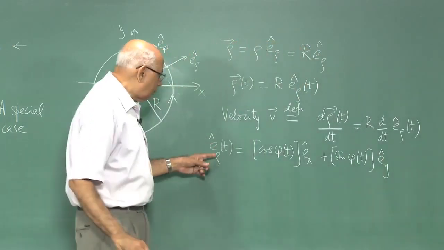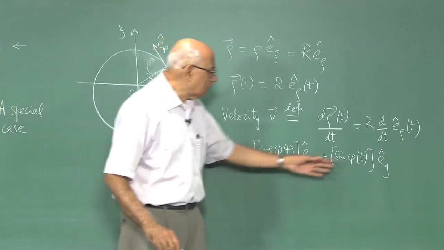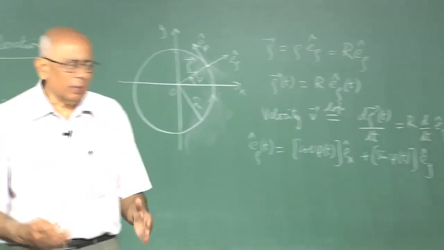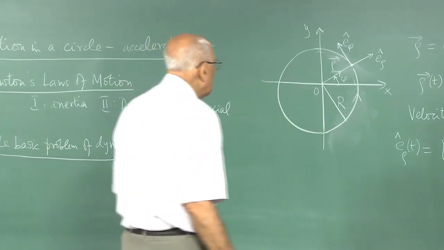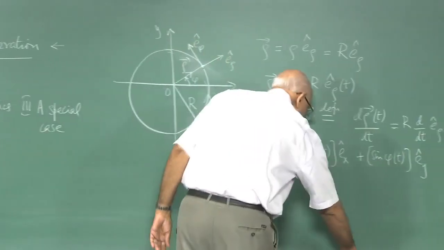Therefore, the derivative of E rho comes from the derivative of cos phi with respect to time and sine phi with respect to time. So that would be a standard way of doing this, but we can write the answer down more easily by just the geometry of it, and let us draw another figure to see how this works.